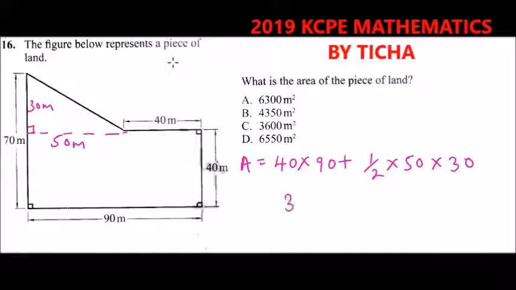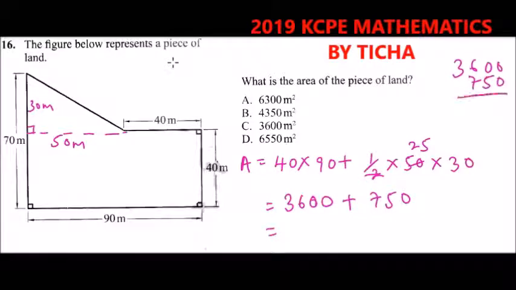So this will give you 3,600 plus, you divide by 2, you get 25, 25 times 30 gives 750.